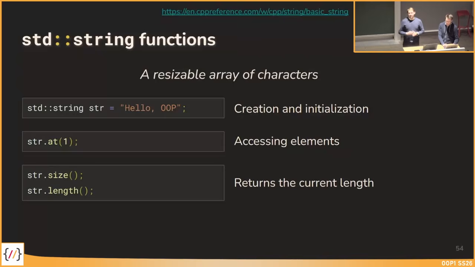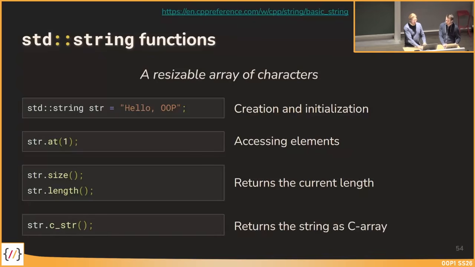For getting the size or the length of the string, we can use size or length. Both will return the same value. They're just there for being compatible with, for example, the STL containers, but that doesn't matter for the moment. You can use both of them to get the length of the string.